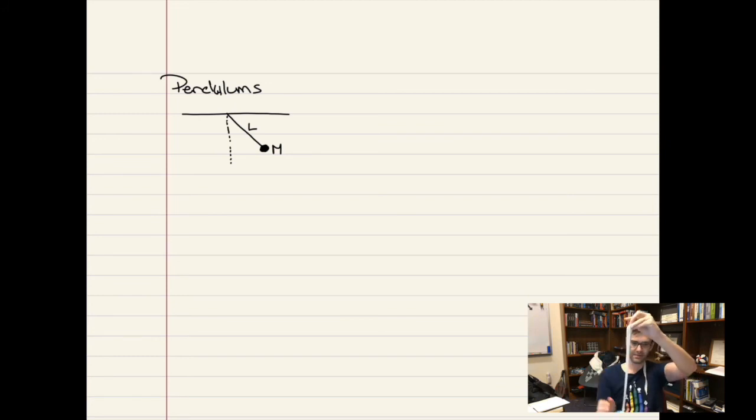I could then make the length longer. Boom, boom, boom, boom. Seems like the period is getting longer. So I might expect the overall period to depend on some positive power of the length of the string. And I can't control the mass, so we will have to leave that be.